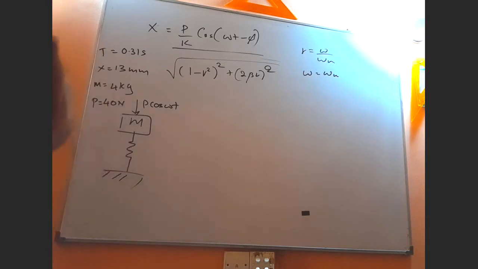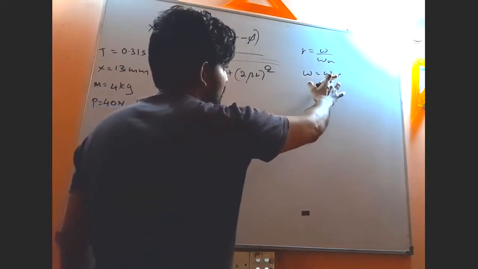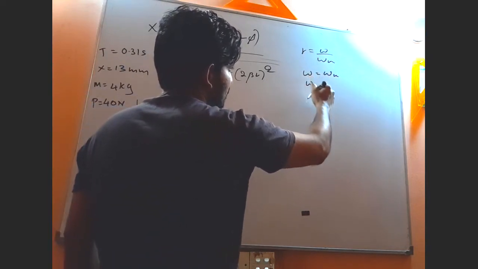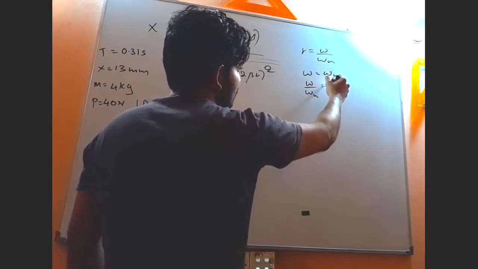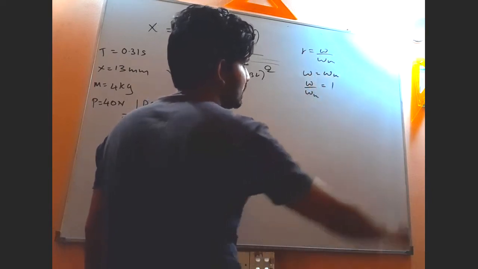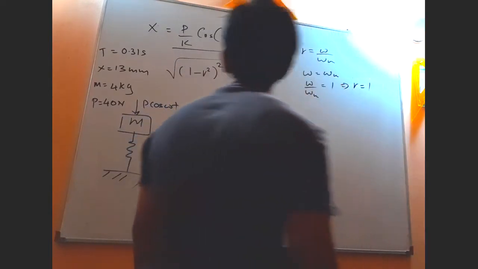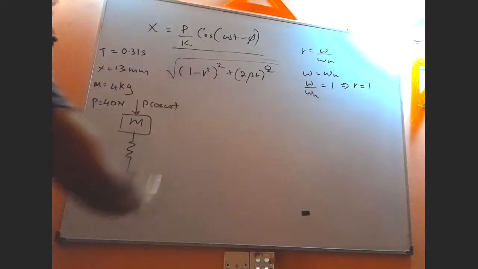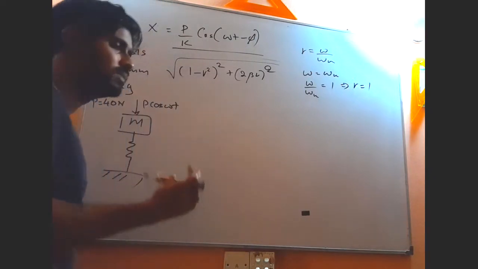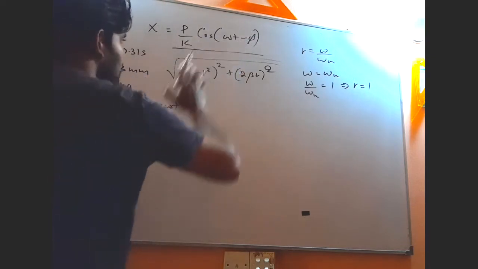Now this is the resonance scenario, so definitely omega equals omega n. That means omega divided by omega n equals 1, so r equals 1. When considering this equation, you have to worry about the modulus of the amplitude, so you don't have to worry about the cosine part.